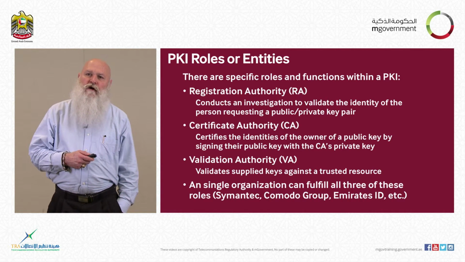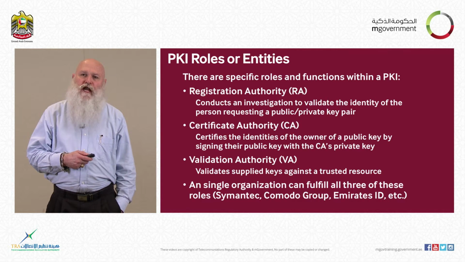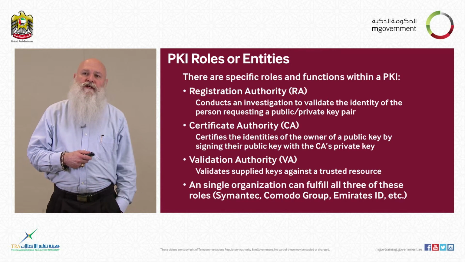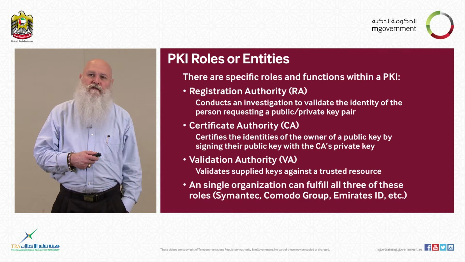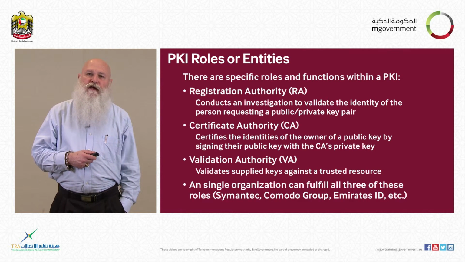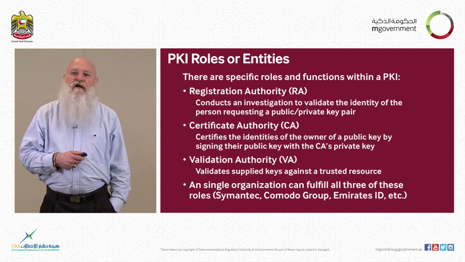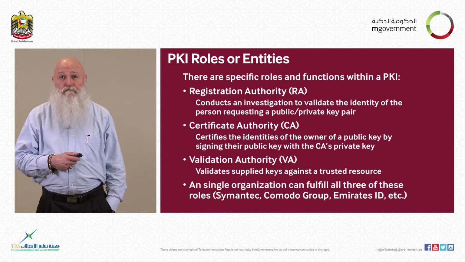The certificate authority will take a special message called the certificate signing request that has Alice's name paired with other information and will digitally sign it based on instruction from the registration authority. The digital signature indicates that the registration authority is satisfied that Alice has proven her identity.